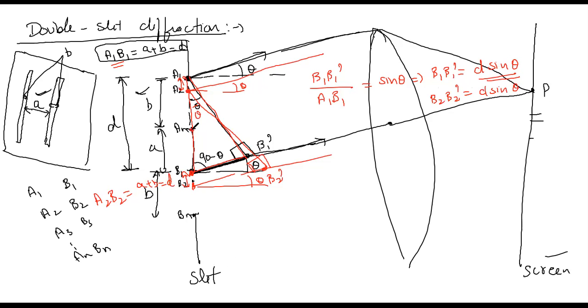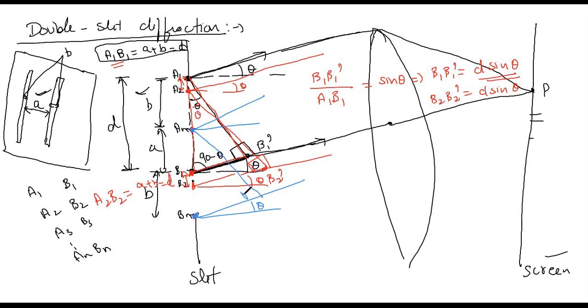Similarly, AN के correspondingly, which is at the bottom of slit first, आपके पास BN point है. AN के correspondingly, again you can draw the lines here also. यहाँ से जो wavelets start होंगी, वो कितना distance extra travel करेंगी?